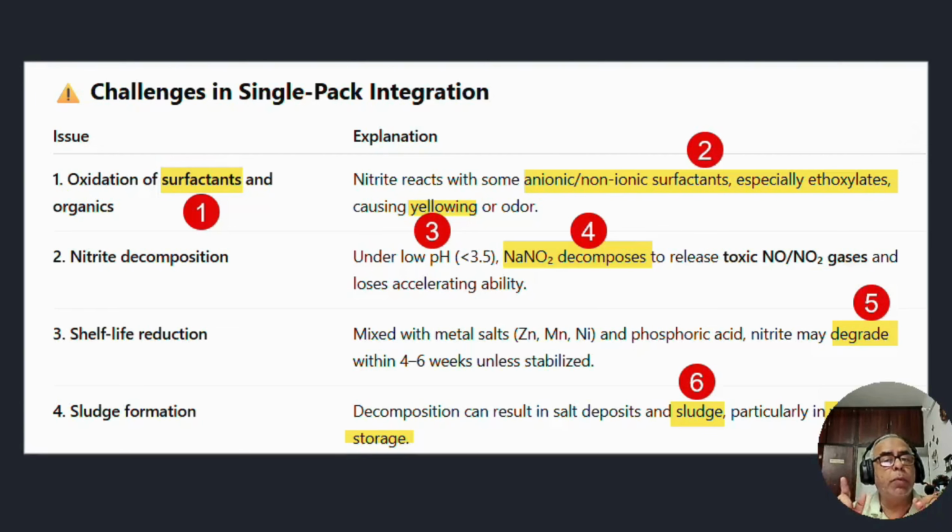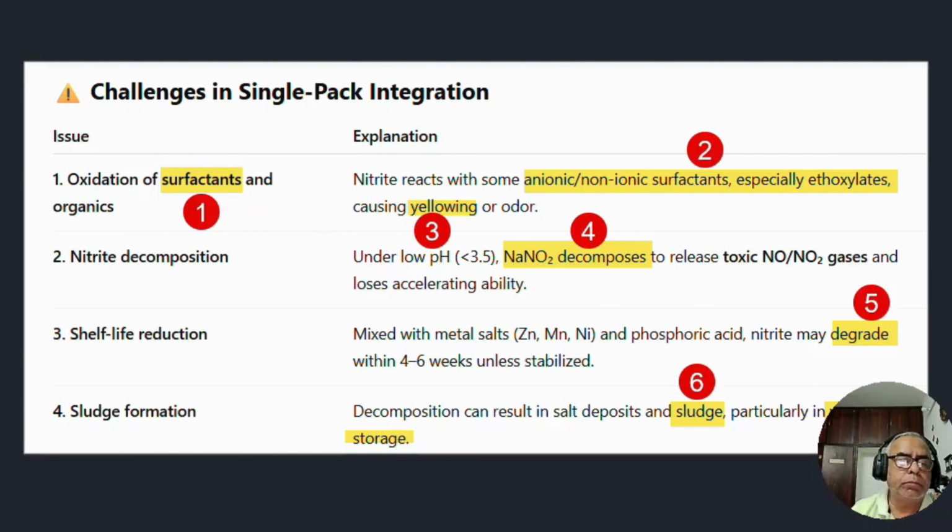So it should be properly stabilized. And if you do not know how to maintain the buffer, then definitely do not use nitrite in a single pack system. Not only that, it will form sludge even during storage itself. This decomposition can result in salt deposition and that causes sludge even in warm storage.